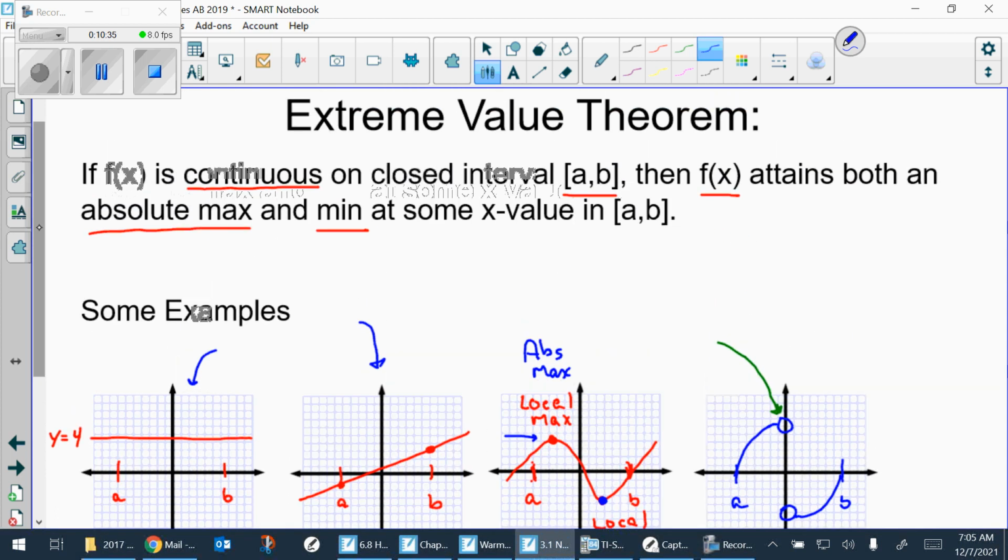Well, it really doesn't, because the extreme value theorem says there has to be a max. There has to be a min, but only if the function is continuous. And what we've drawn in that fourth example is a function that's not continuous. So it doesn't have to have an absolute max and an absolute min. So those are some examples of things you can run into.